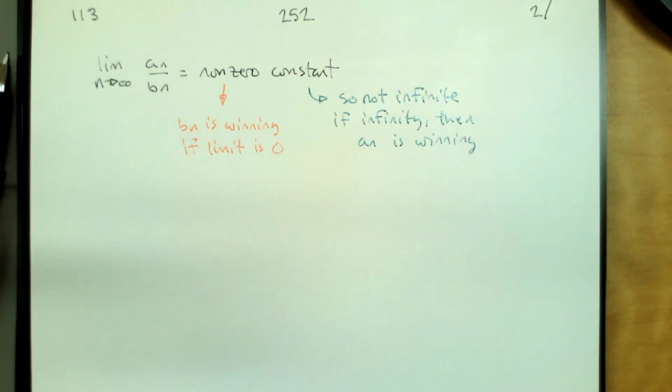That would just be the 1 over 0. So if I put the major league team on top and the little league team in the denominator, then this limit is going to go to infinity. I mean, presumably. So that's the idea behind the limit comparison.